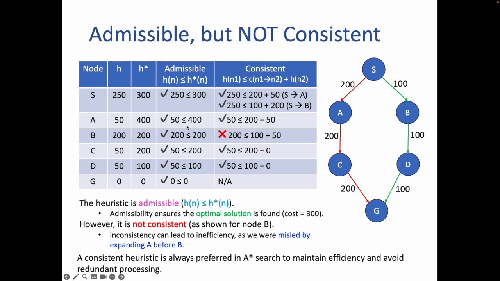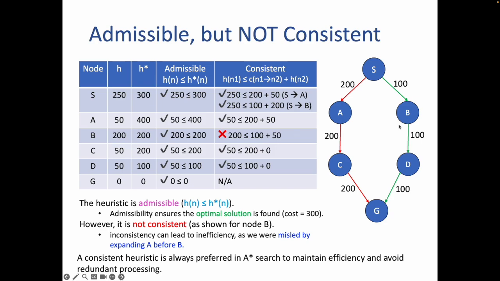In this case, the admissibility was already satisfied for all the nodes, but the problem was with the consistency condition. For node B, what is the estimated cost from node B to the goal, or heuristic of B? That is given in the table, and it is 200.